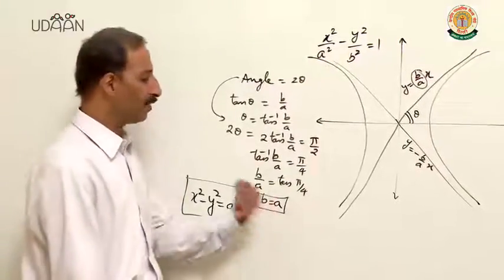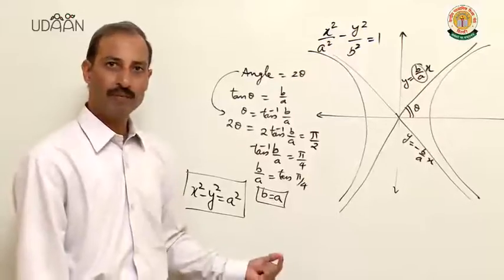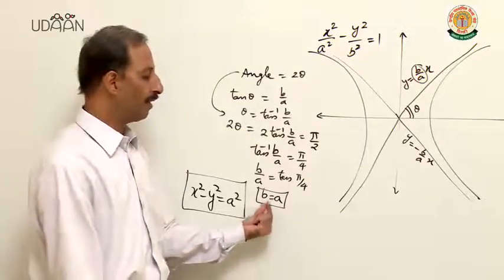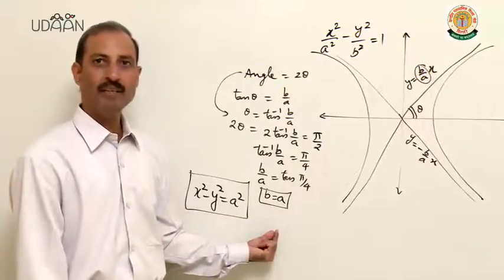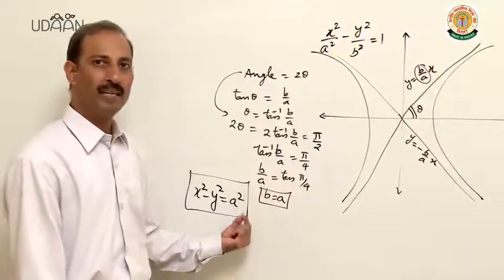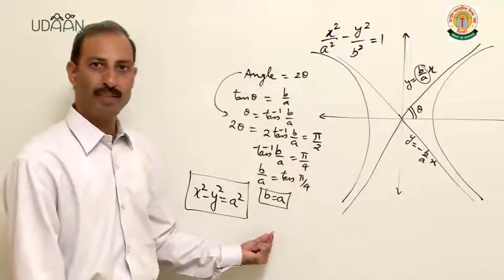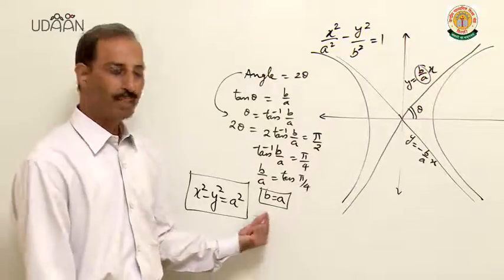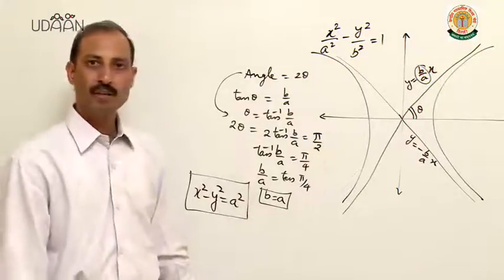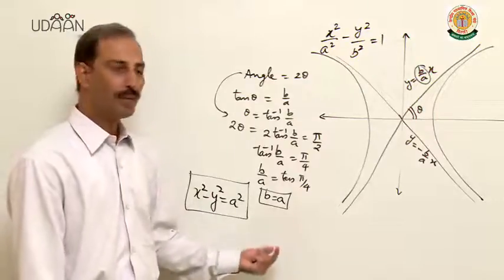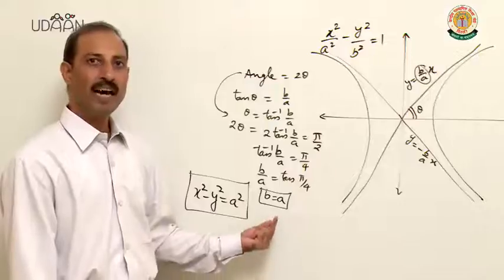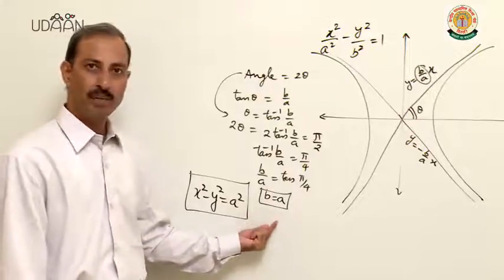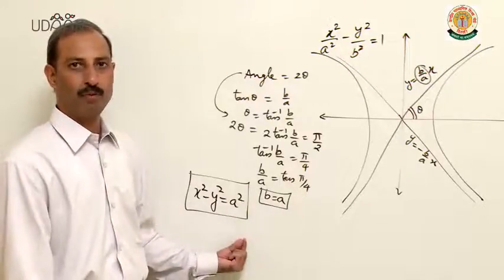So the second definition: when the transverse and conjugate axes are equal, that is known as a rectangular or equilateral hyperbola. So what is the second definition of this? When the transverse and conjugate axes are equal, then the hyperbola is known as an equilateral or rectangular hyperbola.